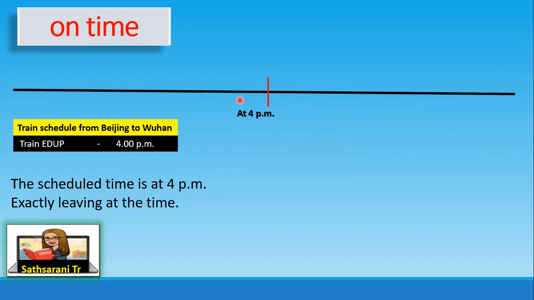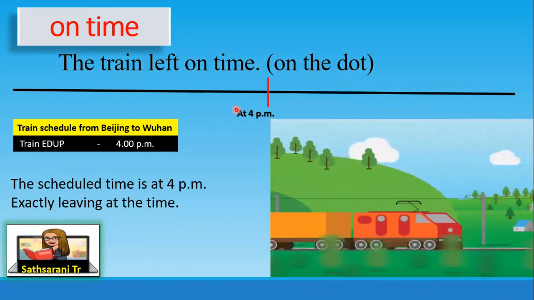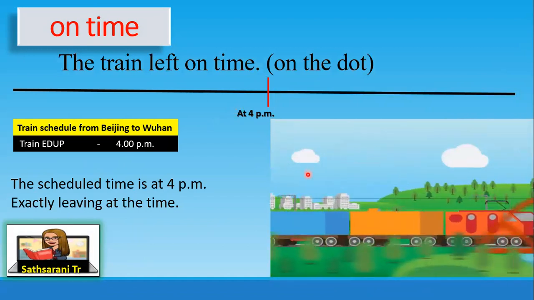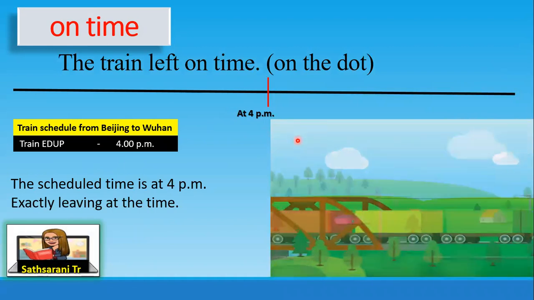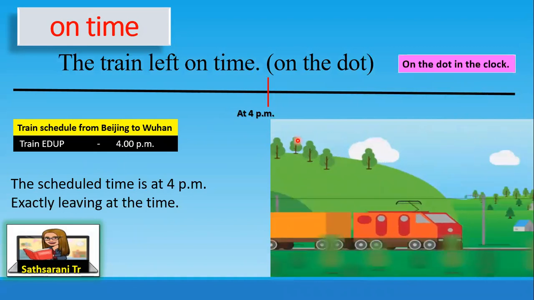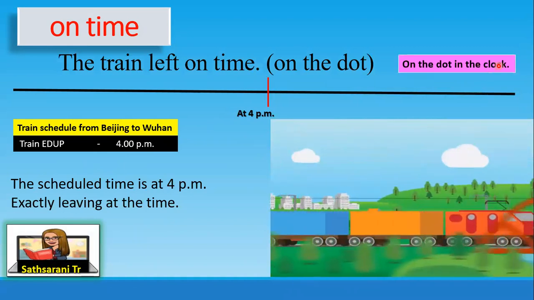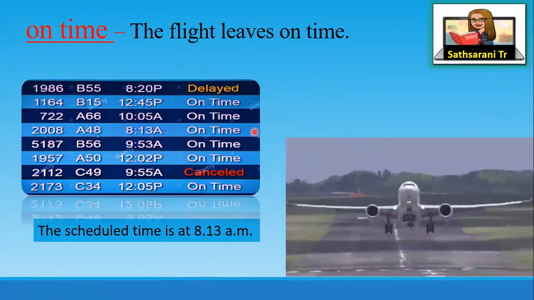So here the train left on time. That means at 4 p.m., there is no delay. So we call it on the dot in the clock, that means 4 o'clock.